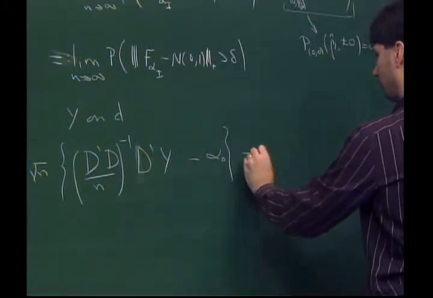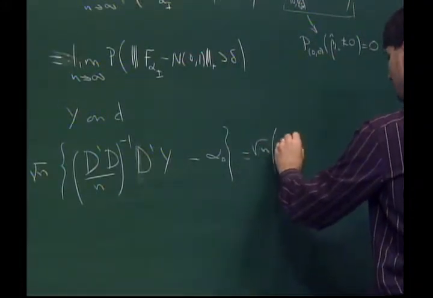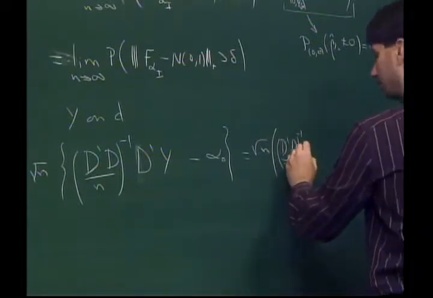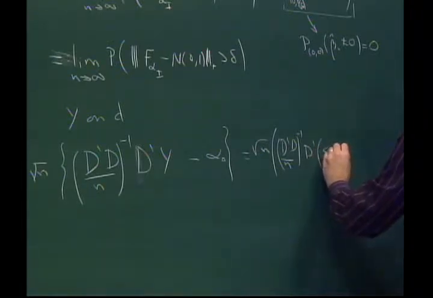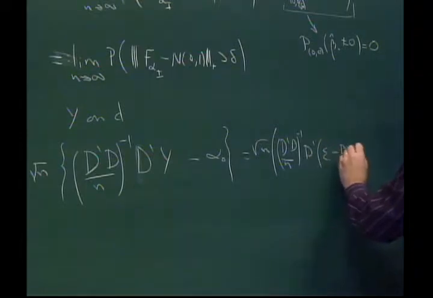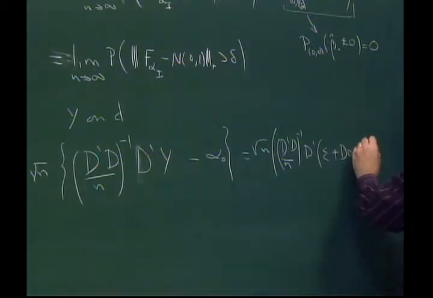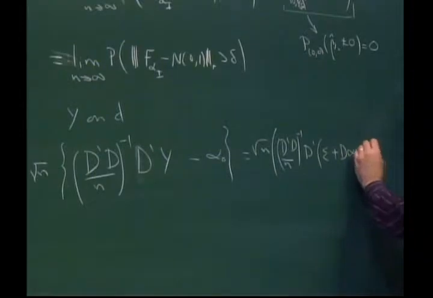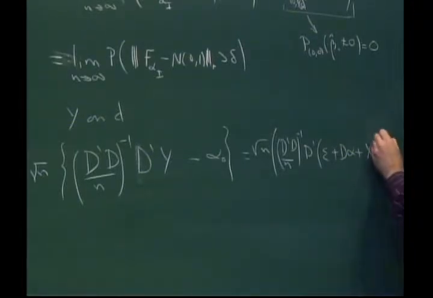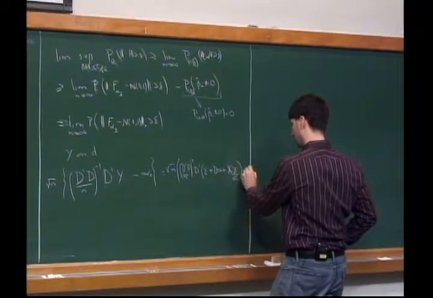So this is root n times d transpose d over n inverse, d transpose y, which is just the error term minus d alpha plus d alpha plus x beta n, and beta n for us is just gamma over root n, minus alpha naught.